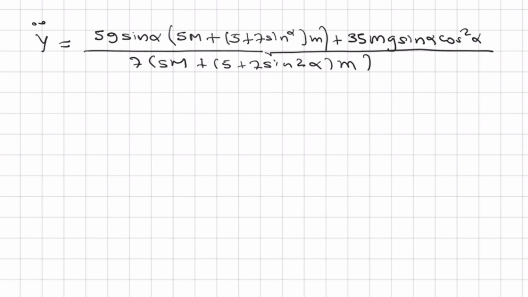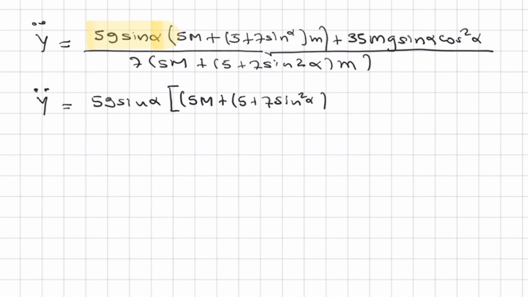Okay, the next part of this is I will take this phi g sine of alpha as a common factor on the numerator of this equation. So it's going to be phi g sine of alpha, multiplying this 7 phi m plus 5 plus 7 sine square of alpha m.